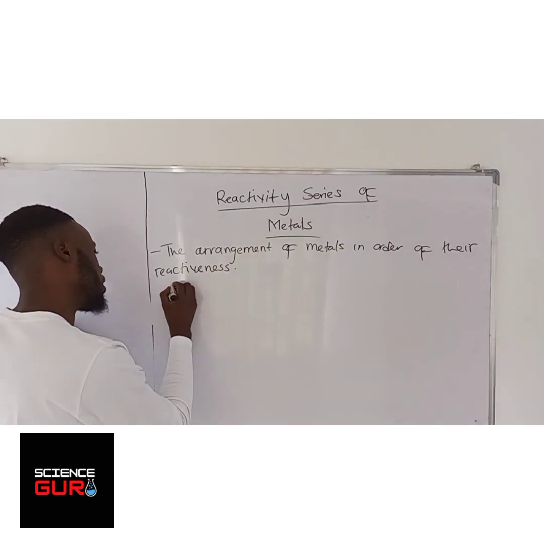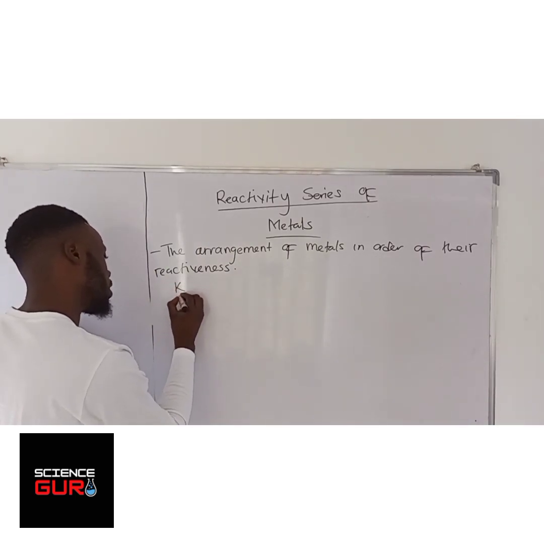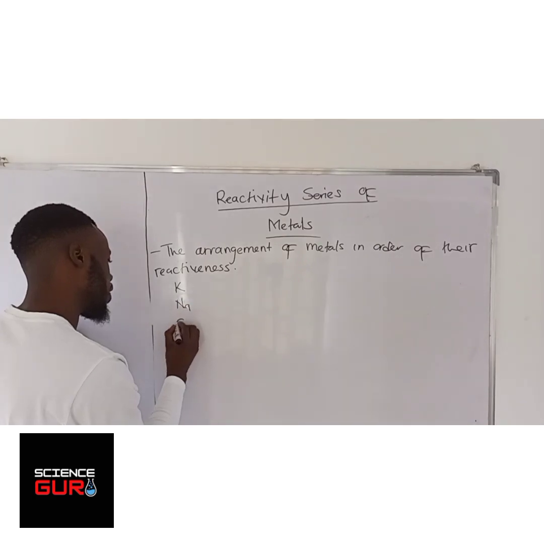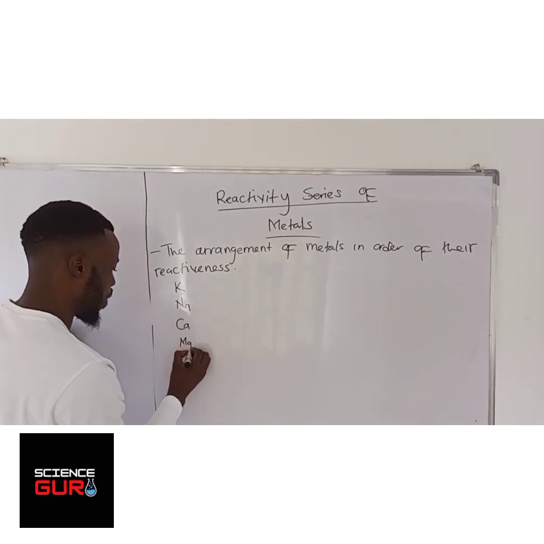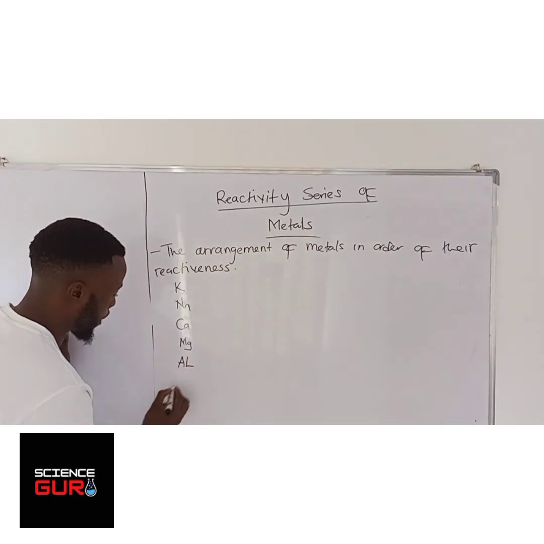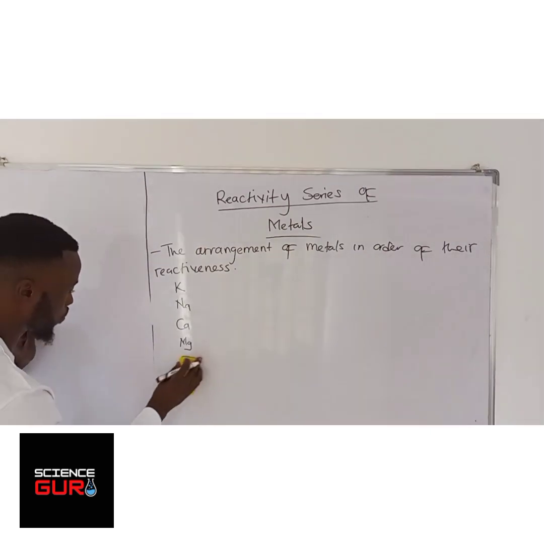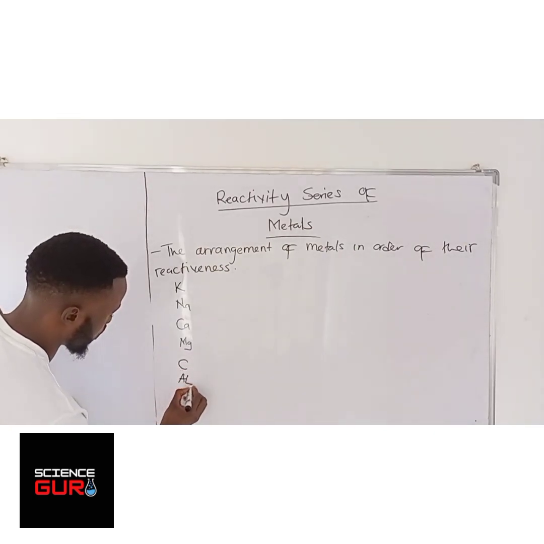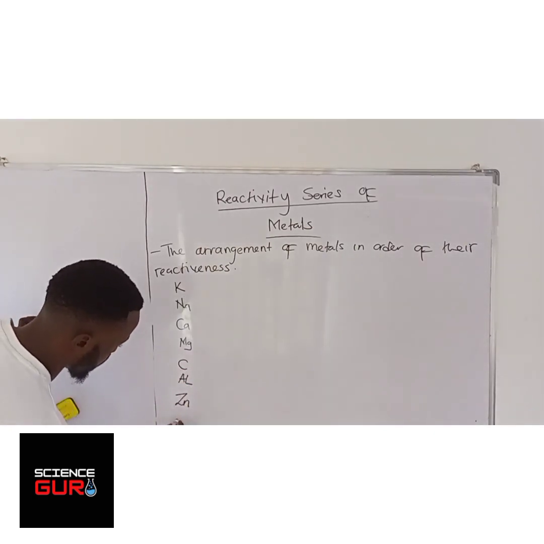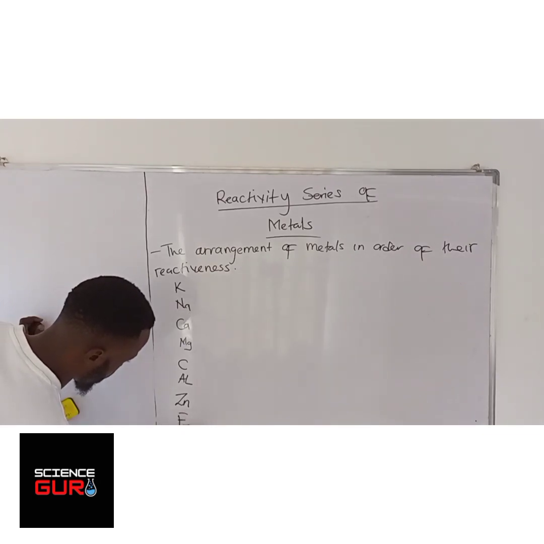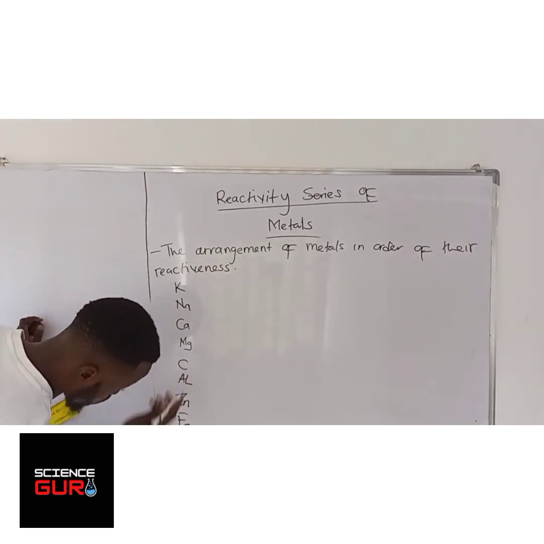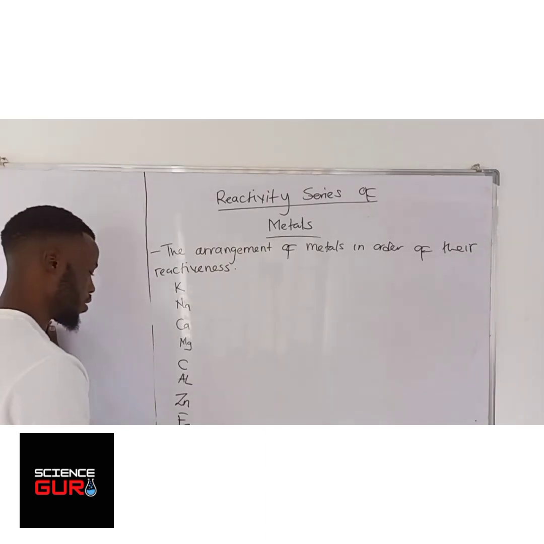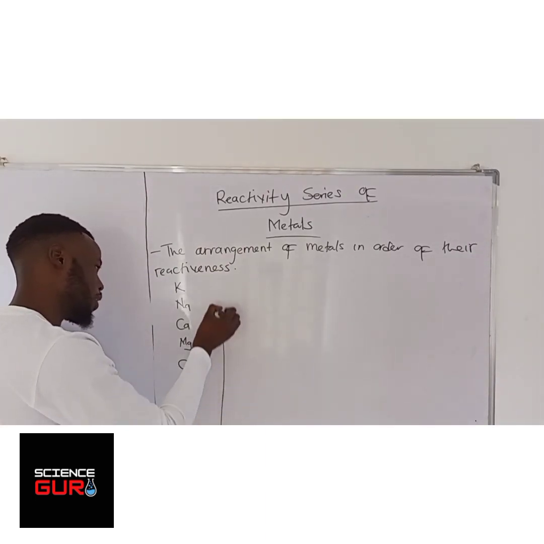Now, how does the reactivity series of metals look like? So you've got 1, you've got K. Okay, so this is the reactivity series of metals.